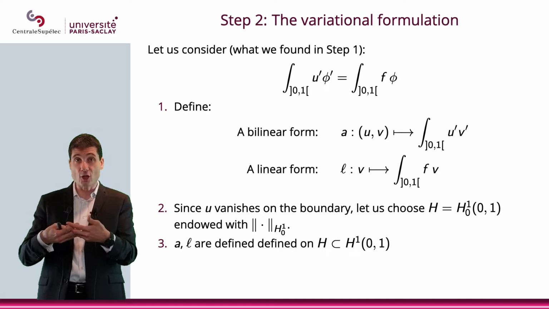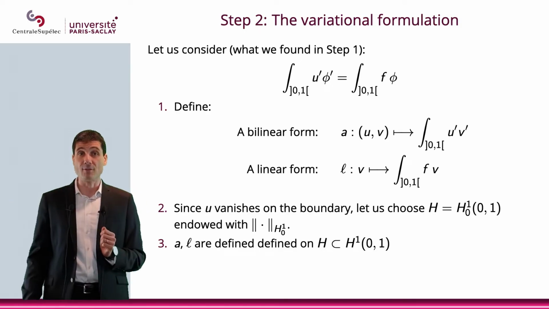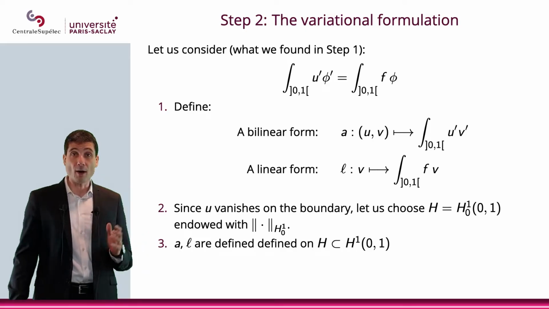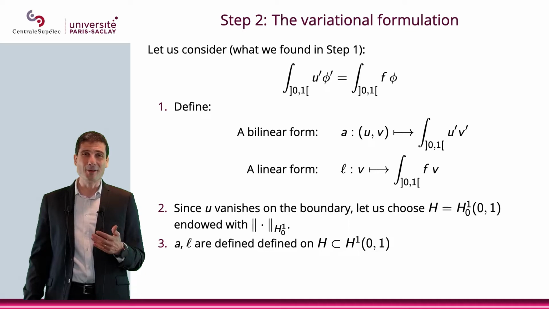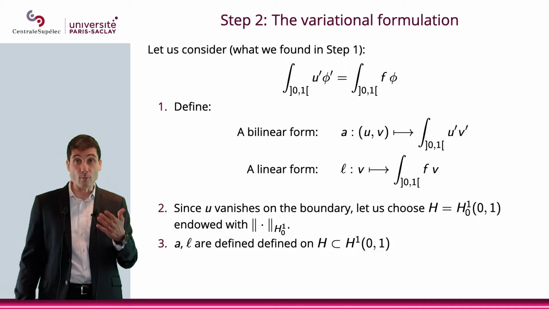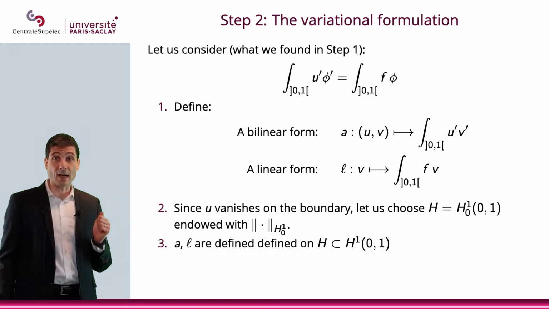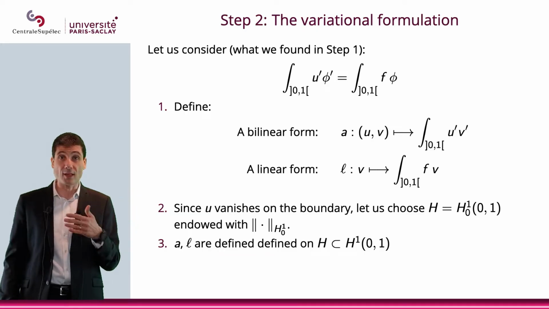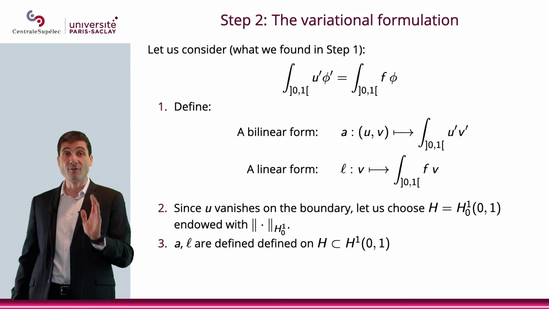That's an L1 function, therefore I can integrate it. The left-hand side is properly defined. Same thing for the right-hand side. Phi is in H1, therefore in L2, and f was assumed to be in L2 as well. So again, the right-hand side is also perfectly defined. So A and L are defined on H.